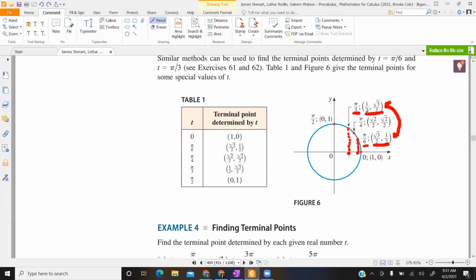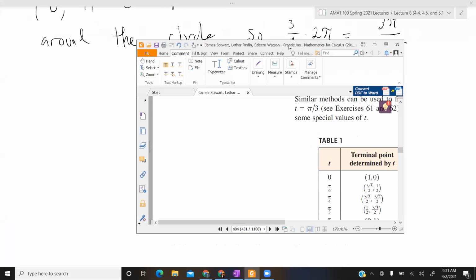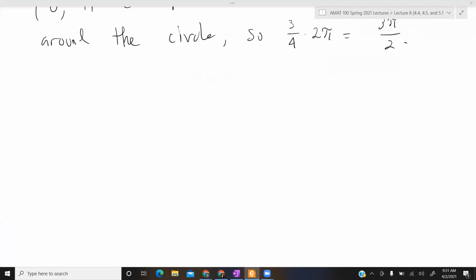So a lot of these points will look similar. Okay, so that's the table. Those are some numbers you're going to want to remember. And then all other points you can basically deduce from there.